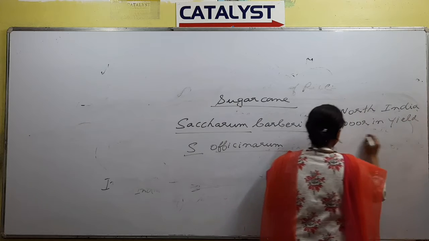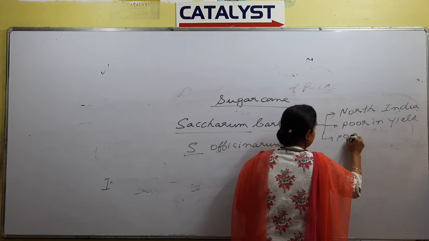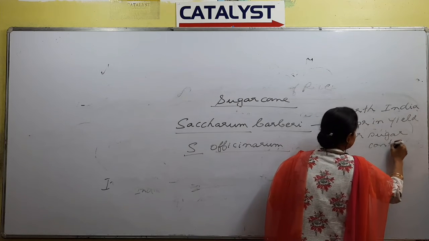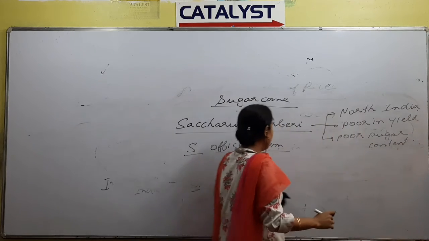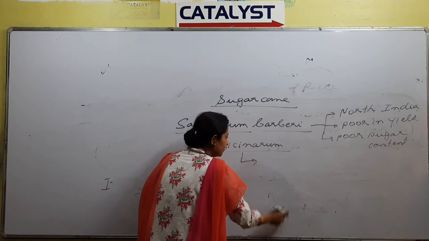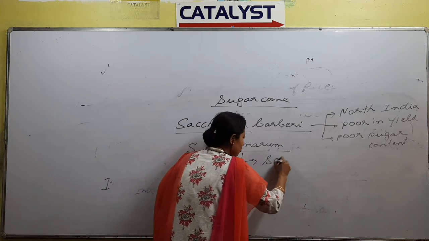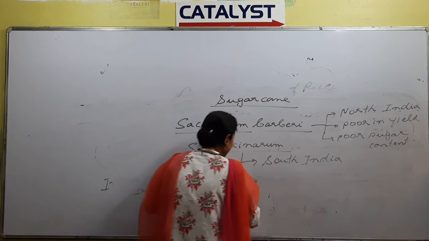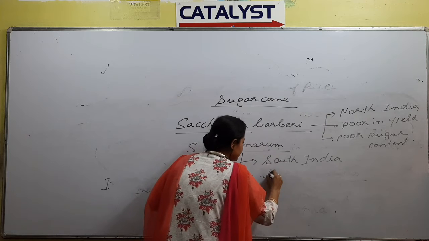It had poor sugar content, right? Whereas Saccharum officinarum was a variety that was found in South India. It was obviously a better variety with high sugar content.